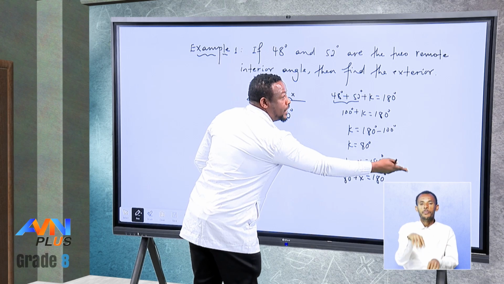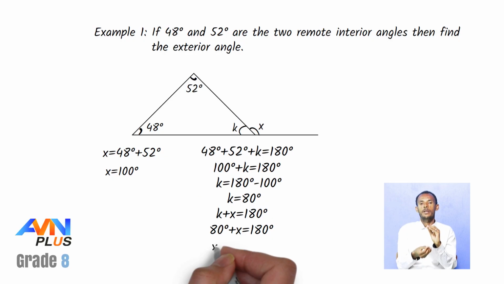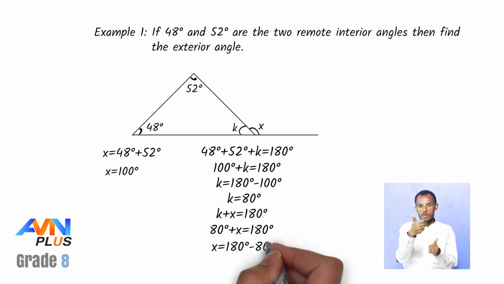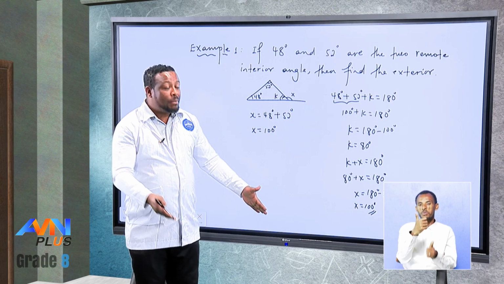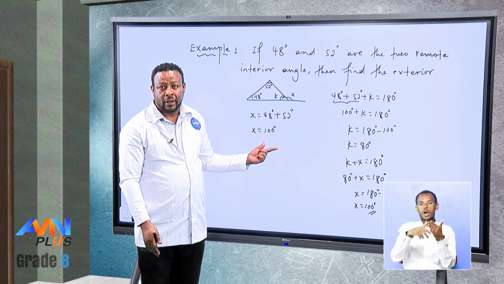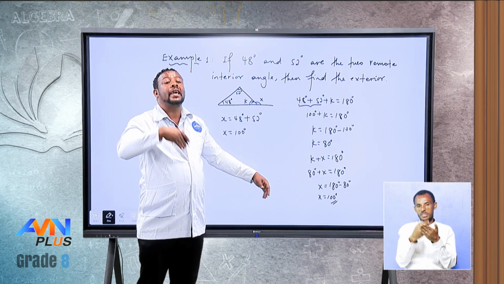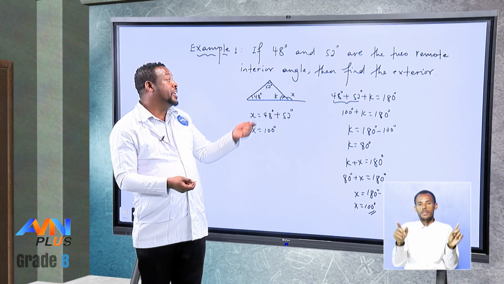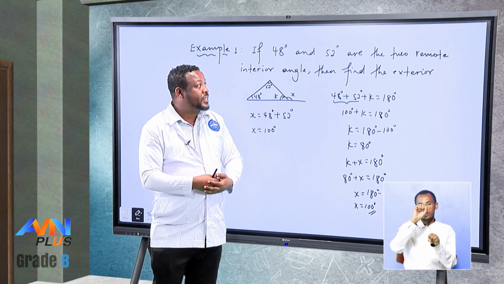So now you can transform this, then X becomes 180 degrees minus 80 degrees, which is X equals 100 degrees, which is the same as what we have here. I'm sure you don't prefer this way of finding the exterior angle, but there are different ways to find the unknown variables that you have here. Okay, so this is the first example.